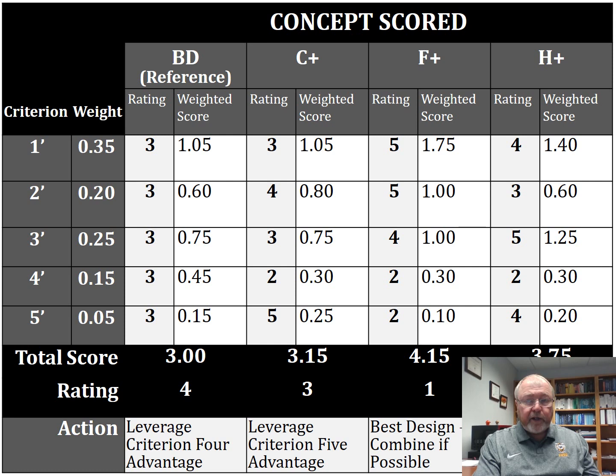And similarly here, on the 5th criteria, C+ was much better. Is there something I can learn from that and incorporate here? And if not, maybe I can learn something from H+, because that was quite a bit better too. And if not, maybe I can even take whatever it was that was with the standard and incorporate. So I would try and keep refining this until I get the best possible design.